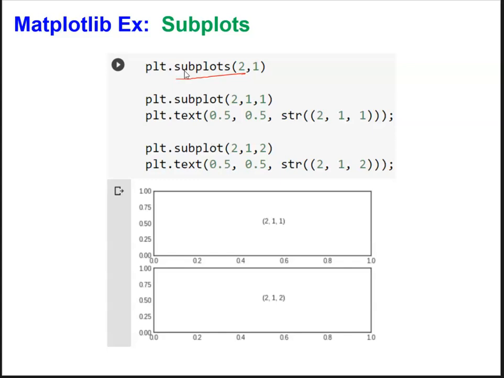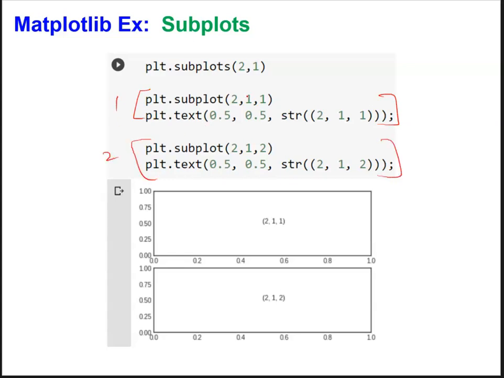You start with plt.subplots, and then you give it the number of rows. You're basically setting up your plot over here, and then the number of columns. So your graph is going to consist of 2 subgraphs that are aligned on a single column. Then you start adding your graphs. This is your first plot, and this is your second plot.